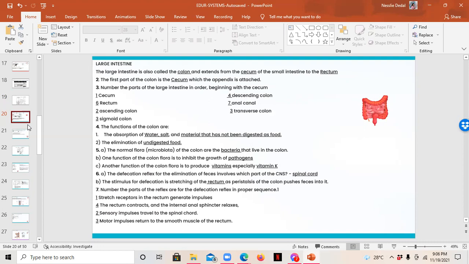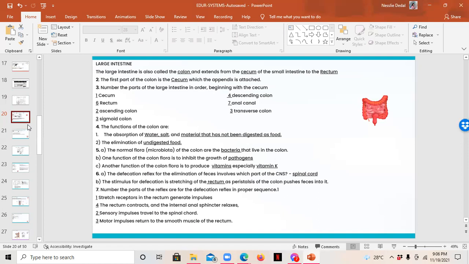Number the parts of the large intestine in order, beginning with the cecum. Number 1 is cecum. Number 2 is ascending colon. Number 3 is sigmoid colon. Number 4, descending colon. Number 7, anal canal. Number 3 is transverse colon.